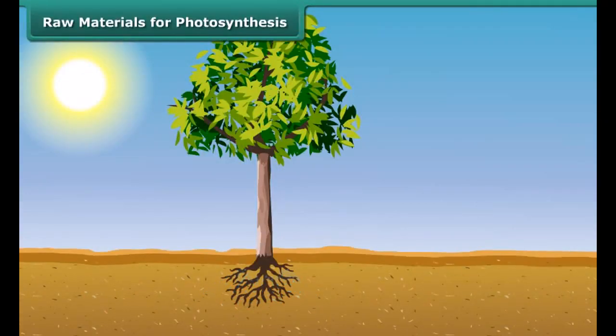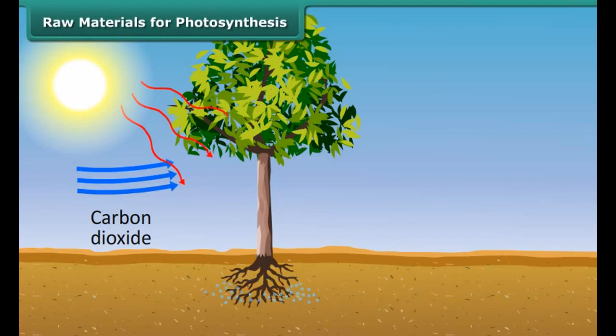Now you know that in plants, water, minerals and carbon dioxide are raw materials for the synthesis of food. Do you also know how plants obtain these raw materials from the surroundings? And how do they transport them to the food factories of the plant?